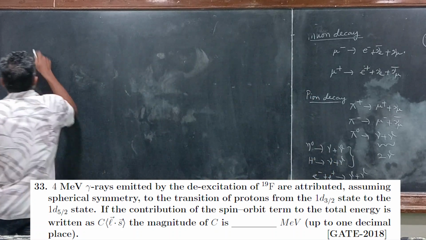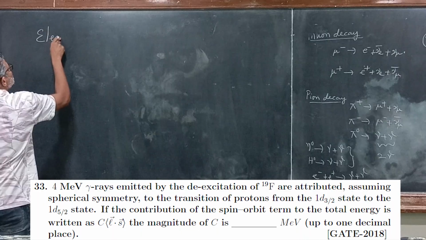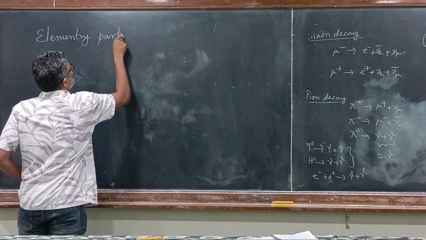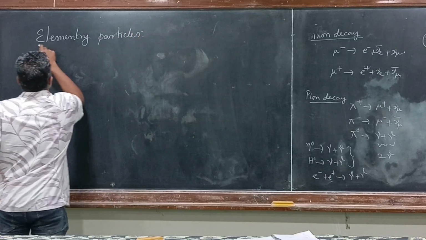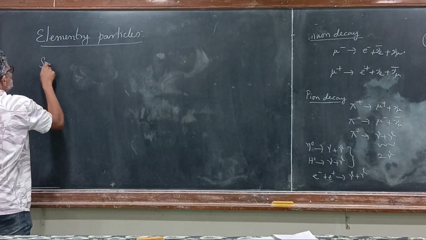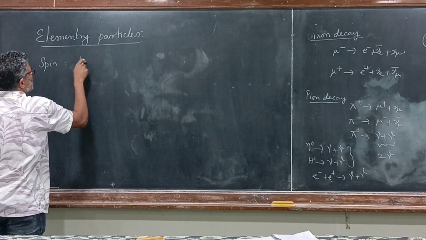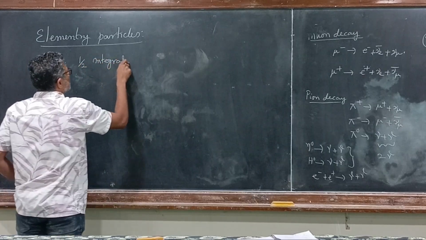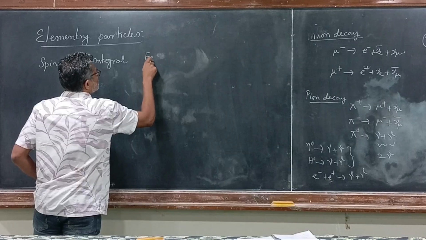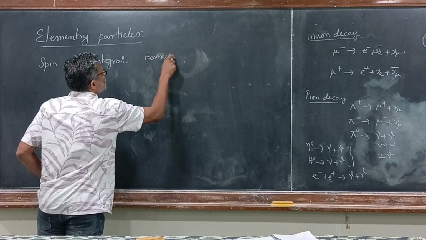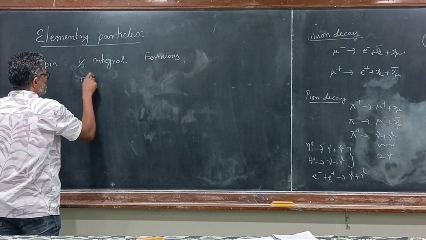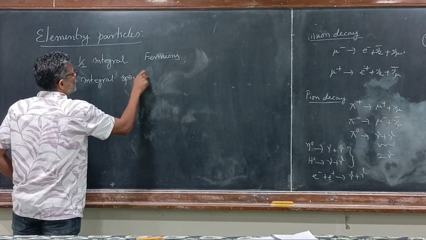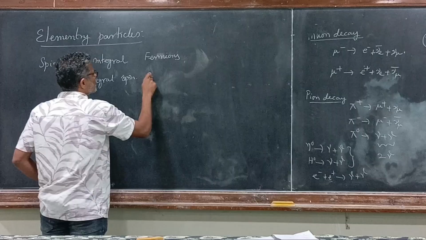So based on the spin value, whether it is a half integral, or fermions, and an integral spin, we call them as bosons.